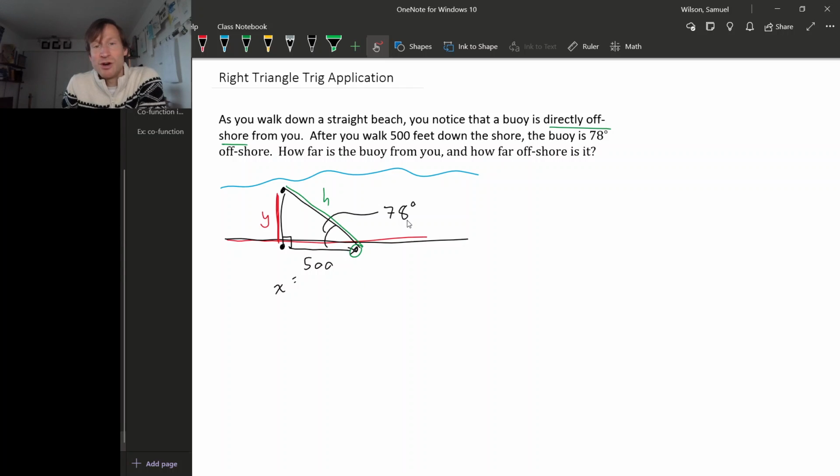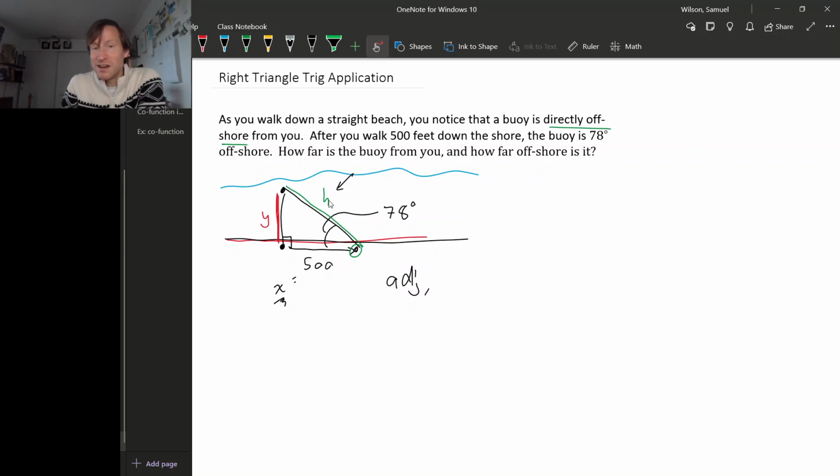So we should use trig functions, right? If you know an angle and a side, you can use the trig functions to find the other sides in the right triangle. But which trig function you use depends on which side you know and which side you want to find. Since x is the adjacent side, we should use a trig function that has the adjacent side in it. Let's find h first.